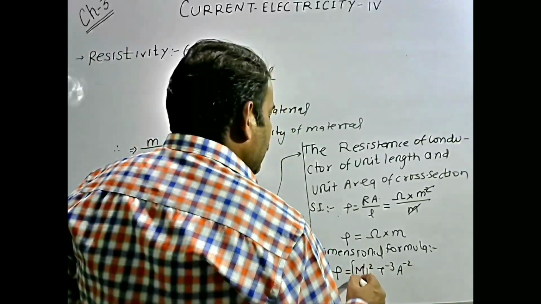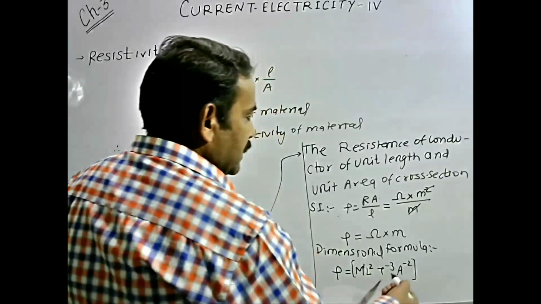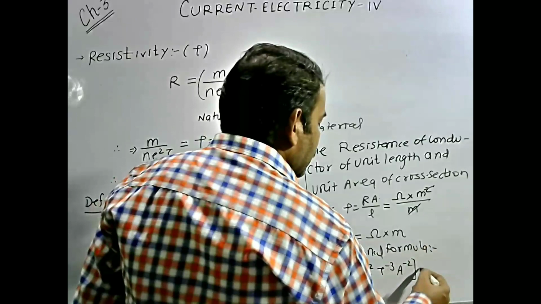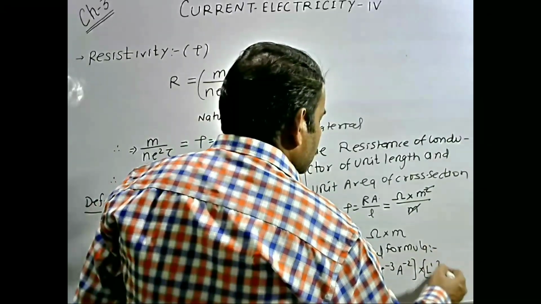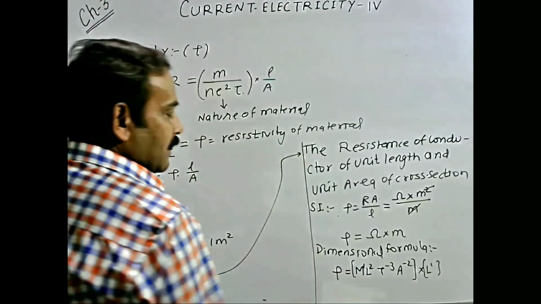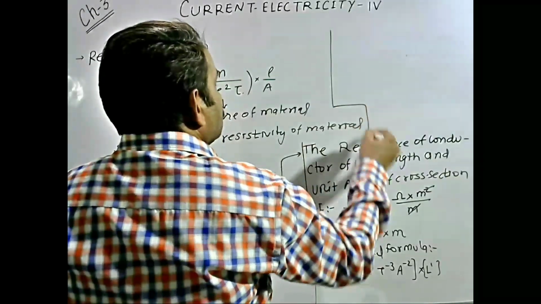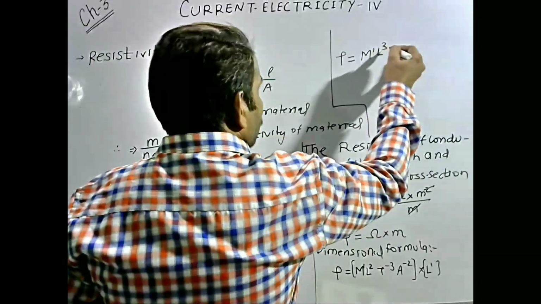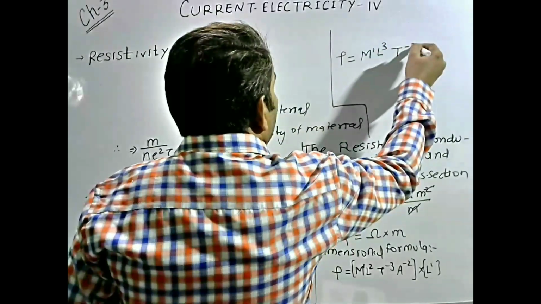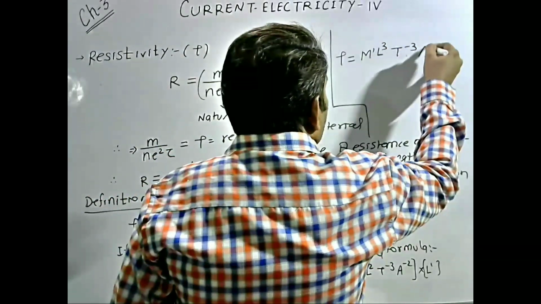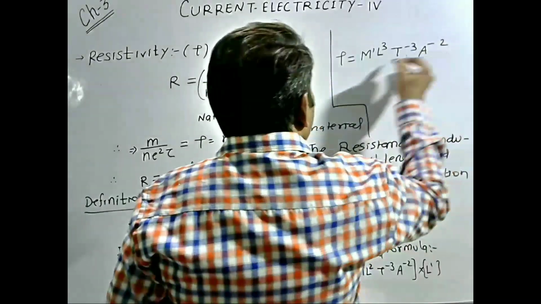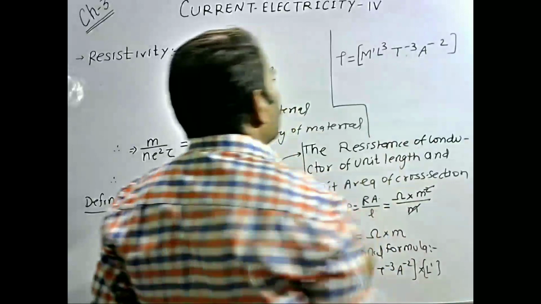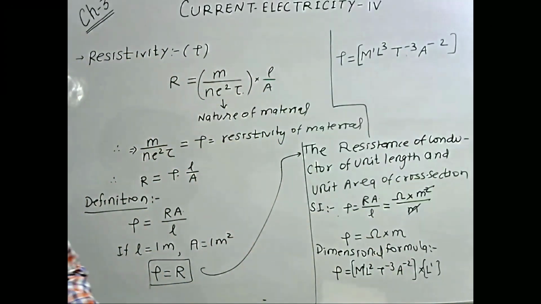This is the dimensional formula of resistance, into length, which is L1. So the dimensional formula of resistivity will be rho is equal to M1 L cube T raised to the power minus 3 A raised to the power minus 2. This is the dimensional formula of resistivity. So please note down.